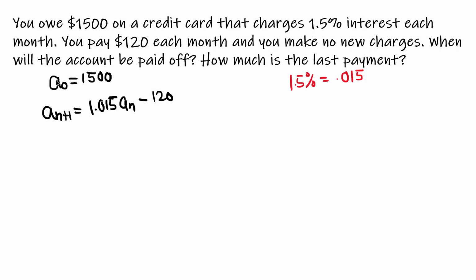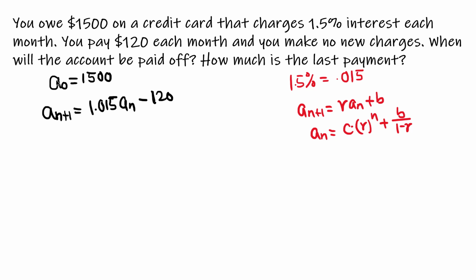Okay, so this is the dynamical system we have, and we know that when a system AN plus 1 equals R AN plus B, then the solution AN is C R raised to N plus B over 1 minus R, where C depends on initial value.